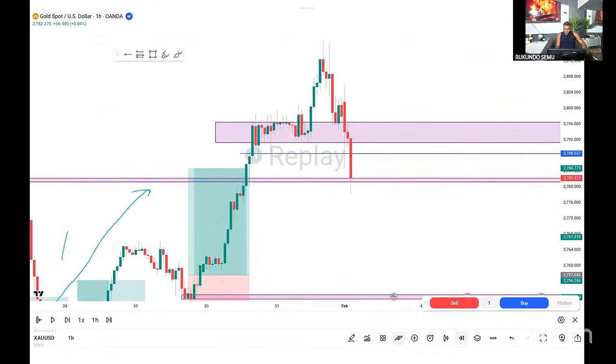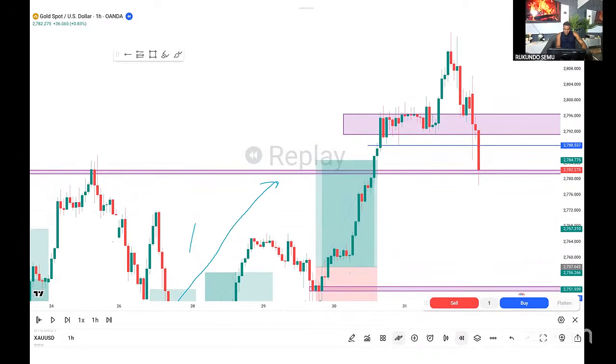So can we still consider this one as area of benefit? No, because this one broke out, we can't consider it. So we can remove this line.